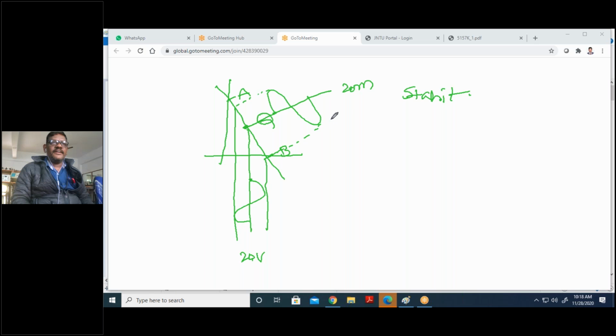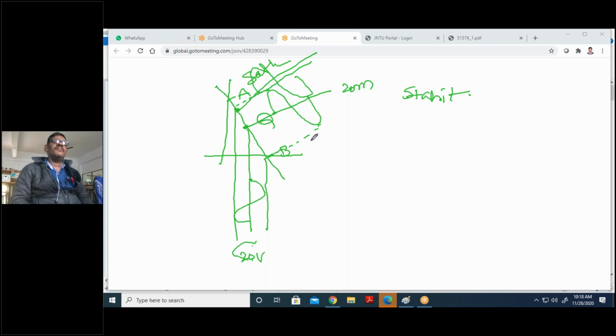Without stability, with respect to temperature, this operating point will be changed. Example, with temperature IC is increasing, operating point going into the saturation side. If you apply a sine wave here, it transmits only the positive peak, and the negative peak goes into clipping, where saturation. This is saturation.